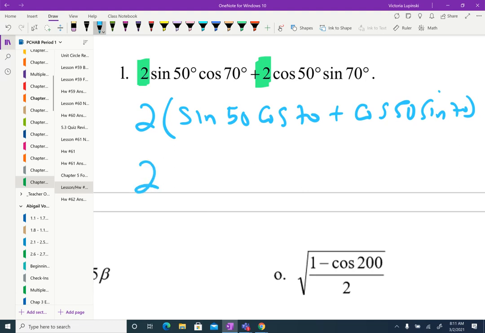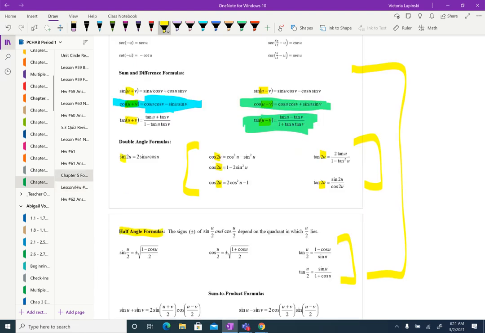So this 2 is just a 2. And then this inside is a formula. So sine cos plus cos sine. If you look at your formula sheet, you're looking for sine cos plus cosine sine. That's this one. So that's the sine of u plus v.